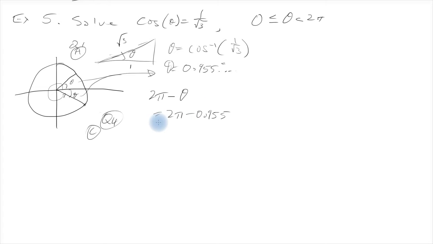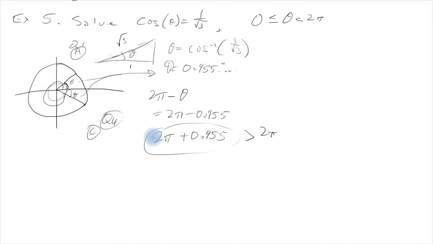Now there would be another answer if we started here, went the whole way around the circle, and then went back along here. That new answer would be 2 pi plus 0.955. But this answer is larger than 2 pi, so it's not in our domain here.